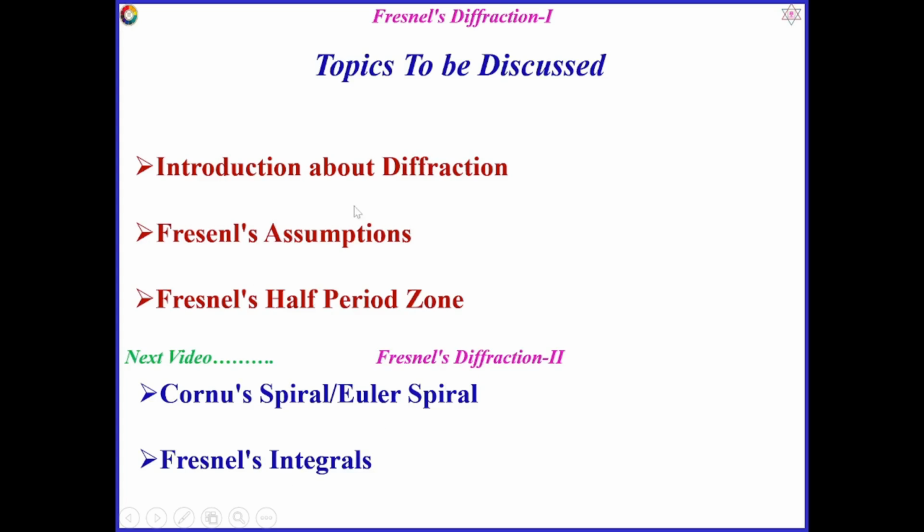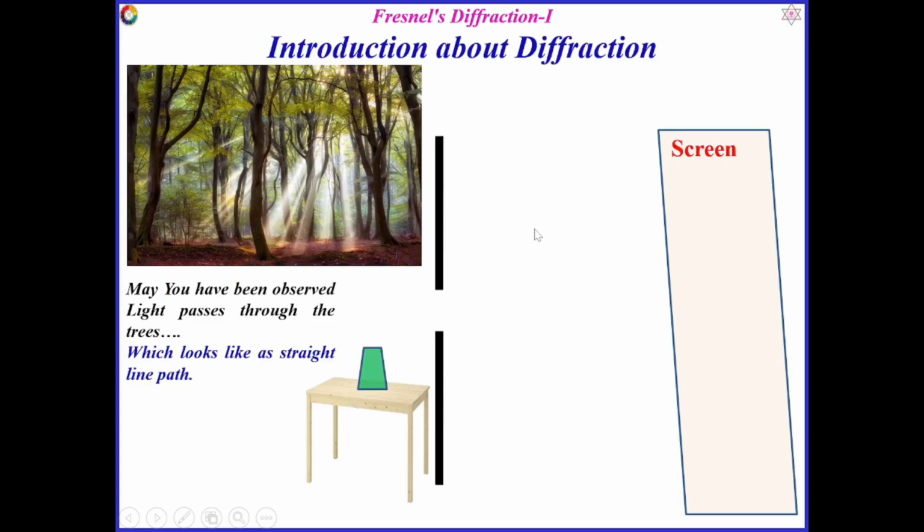Let's start with the introduction to diffraction. In your day-to-day life, you may have observed that light, when it passes through the trees, looks like a straight line path. If we consider a source of light, when it passes through this slit, it will move in a straight line path.